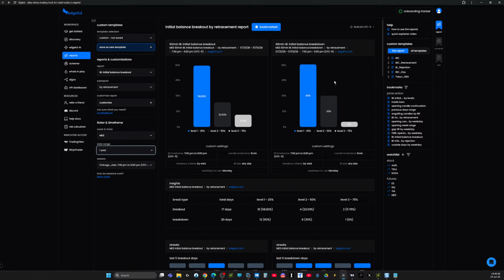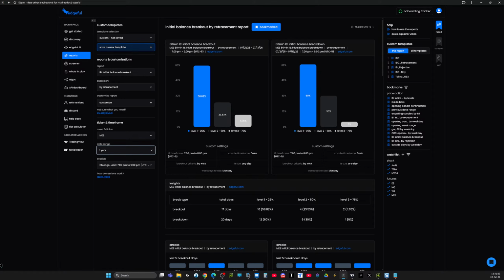Well, in that case, what this is saying is that if we take the IB low, there's a 60% probability, without any of these additional filters yet, that we retrace to the 25% level.